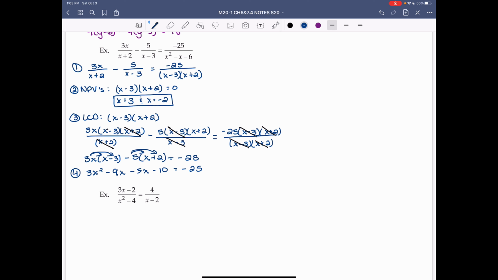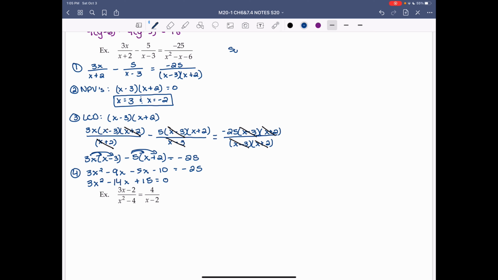I have an x squared term that I'm not going to be able to get rid of, so I want to move everything to one side and then factor or use the quadratic formula. I'm going to add 25 to both sides. I get 3x squared minus 9x minus 5x is minus 14x, and then adding 25 to negative 10 is plus 15, equal to 0.